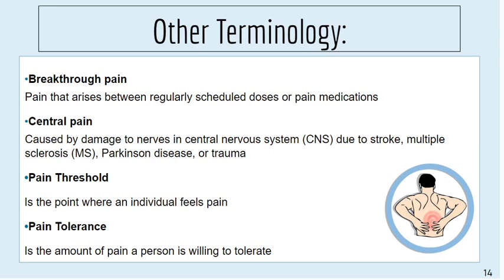A lot of times it's one side of the body that it seems to affect the most, and that pain can at times be constant. And it is that burning, pins and needles, kind of an aching discomfort.